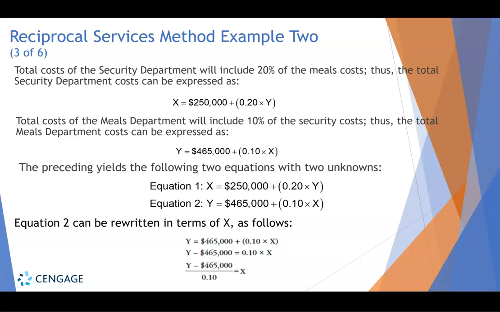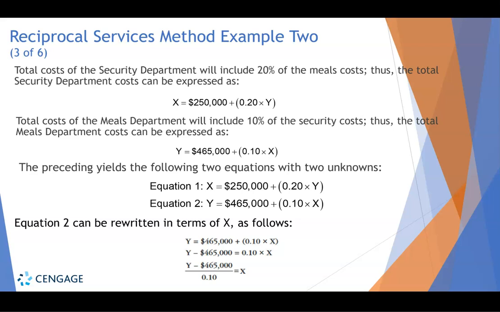So the meals are going to be $465,000 plus 10% of X. So we know that X is $250,000 plus 20% of Y. Y is $465,000 plus 10% of X.